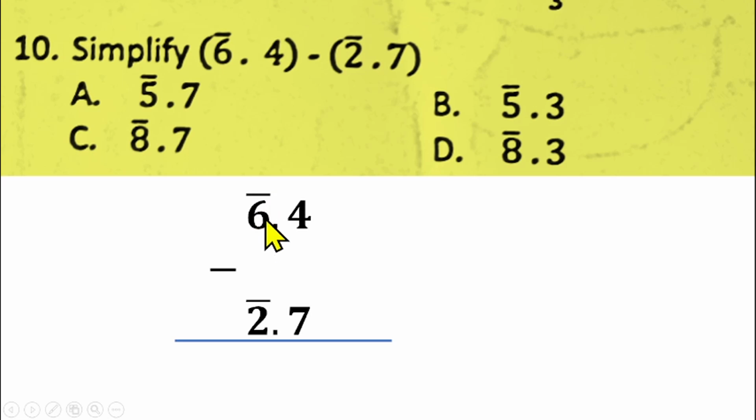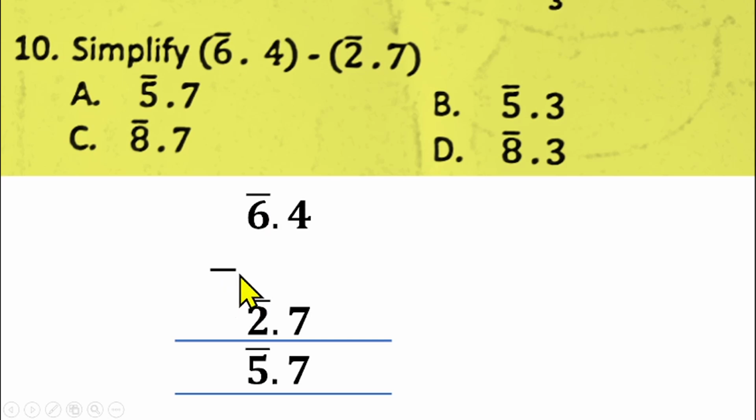So if I borrow from here to here, that means I'm now having minus 7 instead of minus 6. So if I borrow from here to here, this one becomes 14. Then 14 minus 7 will give us 7. So the answer here will be 7. Then I'm now having bar 7 here.